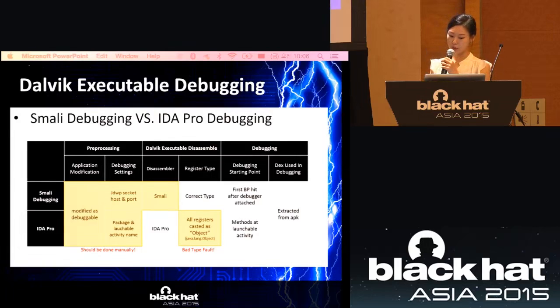But in the case of IDA Pro, with the package and launchable activity names set by the analyst, they start the application and set breakpoints at methods of the launchable activity, and the process waits for the debugger. So using IDA Pro, the analyst can start debugging from the start.